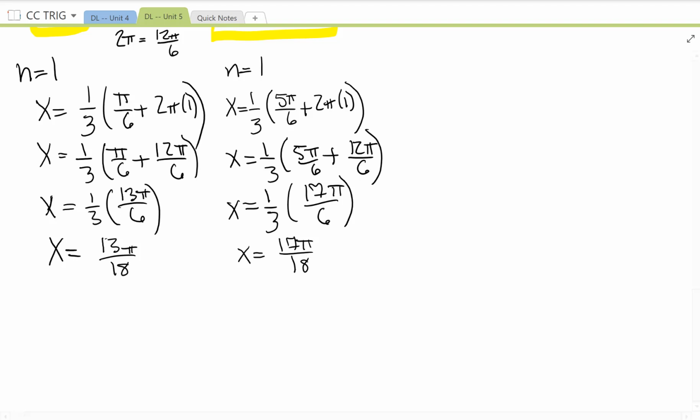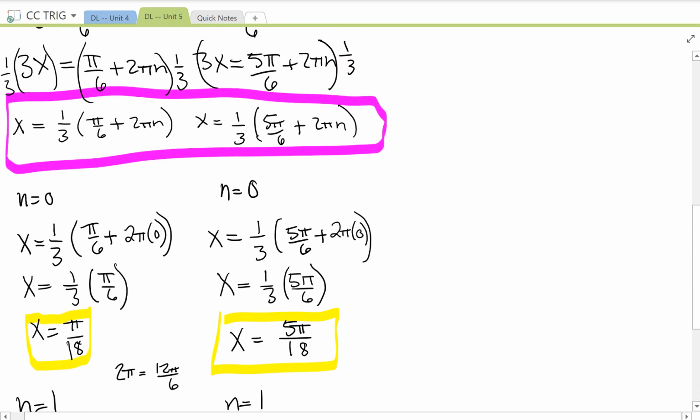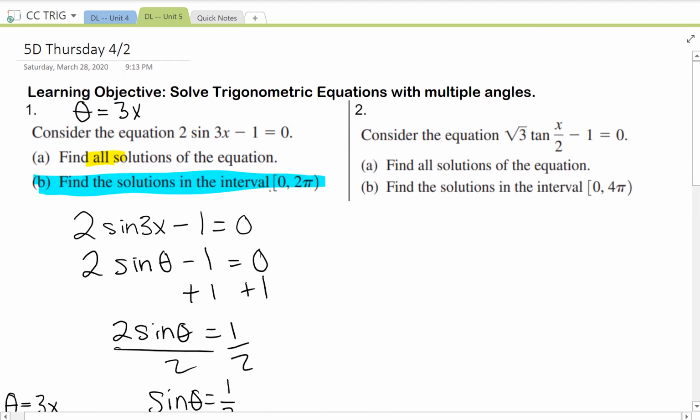We're getting closer. How do you know if you're getting closer? Like, how do you know when to stop? Okay, so it appears as though all our answers are landing with an 18 as their denominator. So I'm going to write the interval 0 to 2 pi with the denominator of 18.